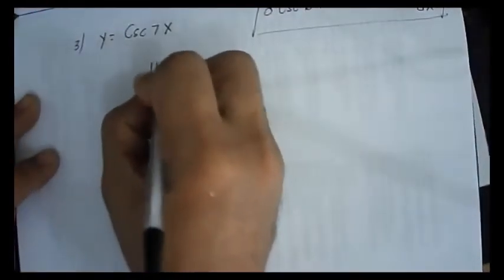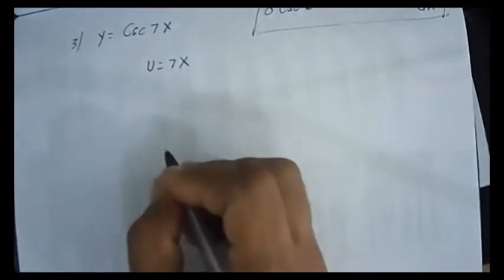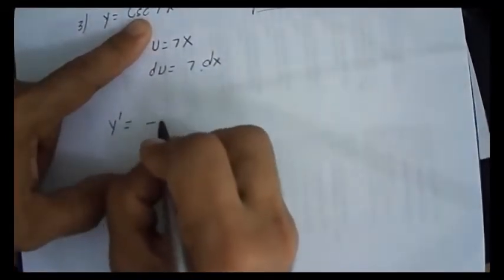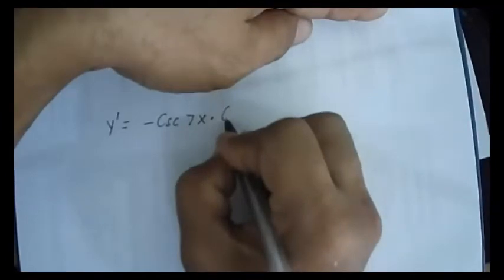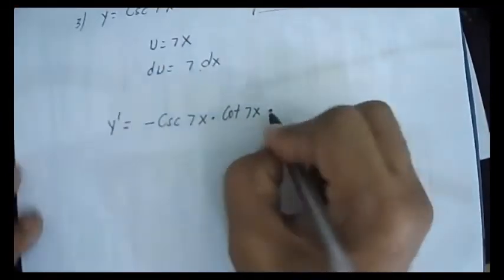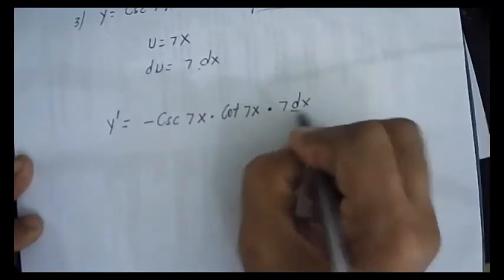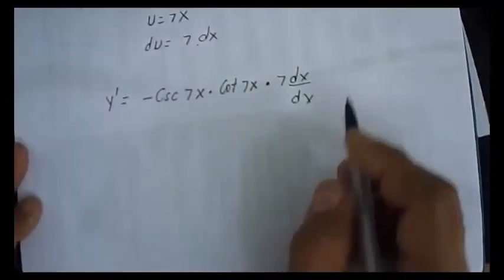So, can we now continue? Okay po, tuloy na po. Okay. So, ano yung u natin? Is 7x po. Okay. So, ang du natin will be 7 dx. So, y prime is equal to, derivative ng cosecant is negative cosecant u, cotangent u, so negative cosecant 7x cotangent 7x, times du natin, which is 7 dx all over dx.